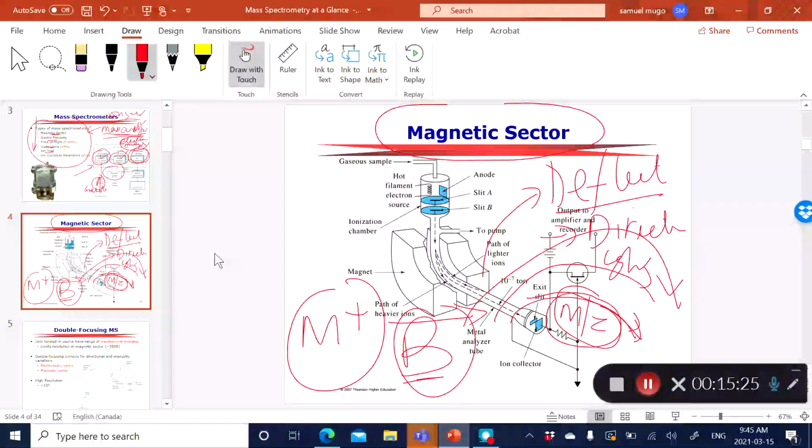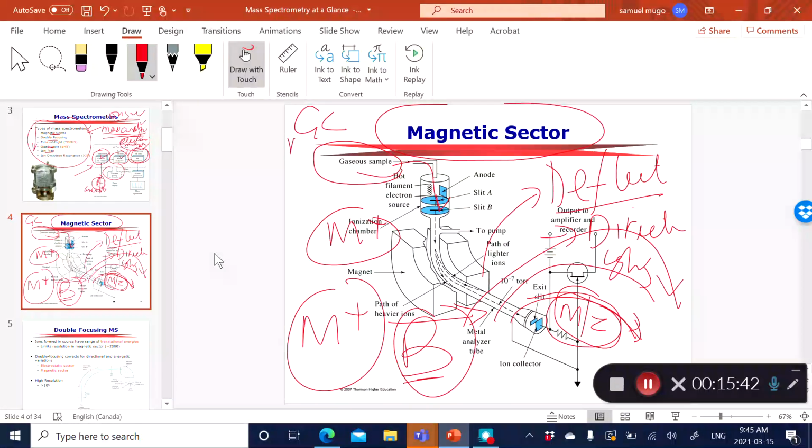And clearly, as you can see in this case, you've got a gas sample, maybe coming from the GC. It goes through the ionization chamber, and we're going to talk about different ionization chambers out there. And so it becomes an ion. Maybe initially it was just a neutral analyte.